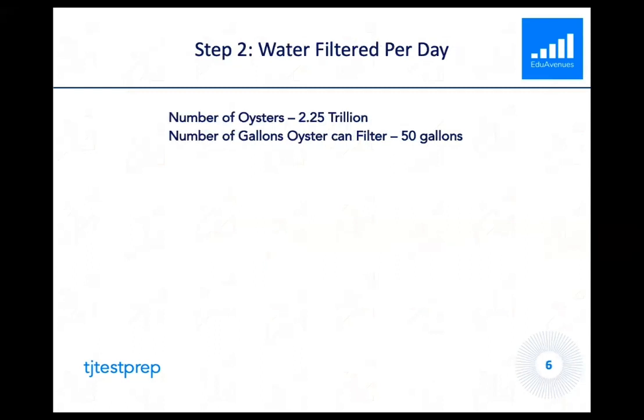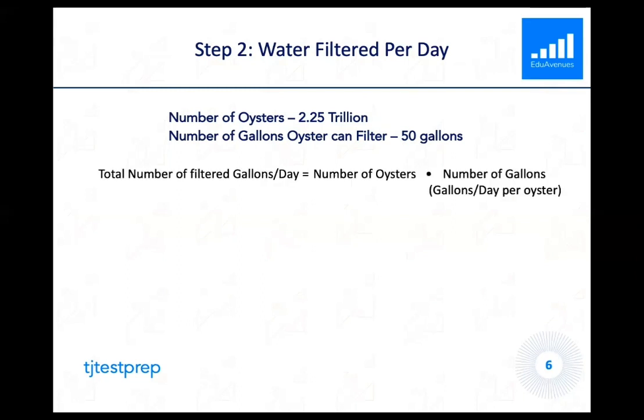So the next step is to find the amount of water that is filtered per day. Given that each oyster can filter 50 gallons and that there are 2.25 trillion oysters, which was found in the previous step, we can now find how much water is filtered per day. To accomplish this, we would first need to multiply the number of oysters by the number of gallons each oyster can filter.